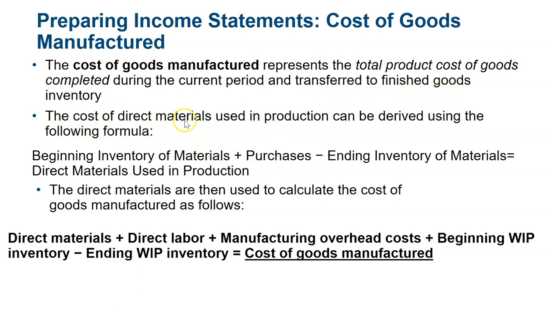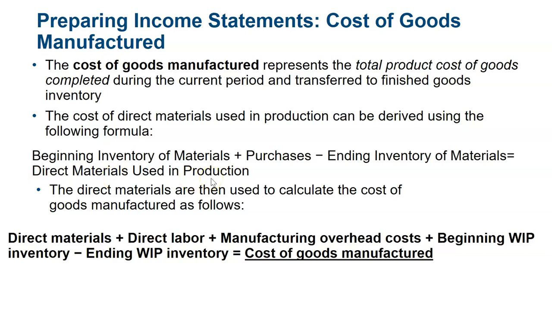So it says that the cost of direct materials used in production can be derived using the following formula. This is a very basic formula. Beginning inventory of materials, whatever we started off with, plus whatever we purchased during the period, minus ending inventory of materials equals the direct materials used in production.